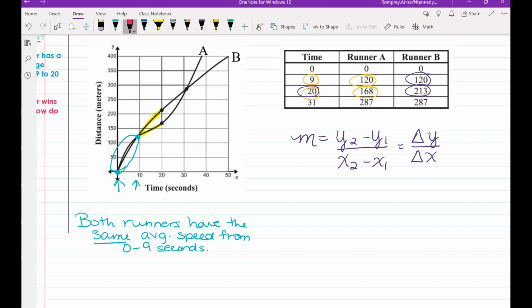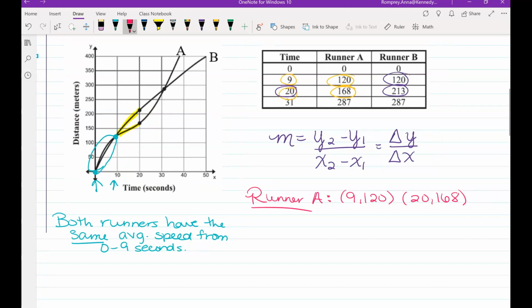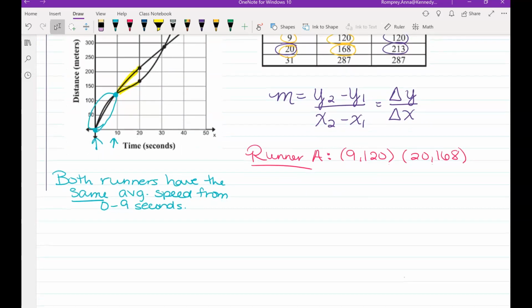So if I start off with runner A, we start off at 9:120 and we end up at 20:168, so 168 meters. Then for runner B, same thing.